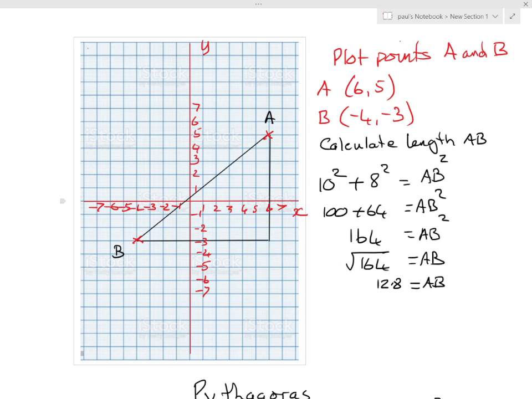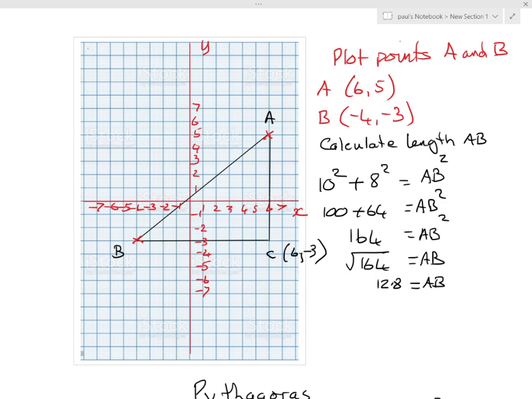Now, the other thing that they could ask you about this is, once you've done A and B, they might have said point C is 6, minus 3. They might have given you all three coordinates of A, B, C, and then ask you to work out the area of the triangle.